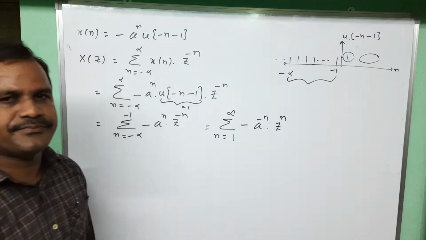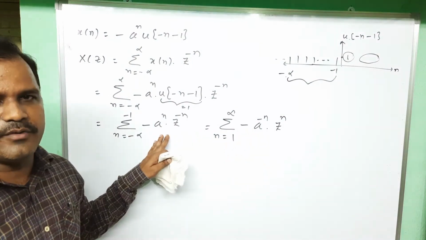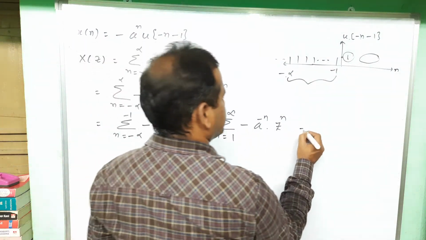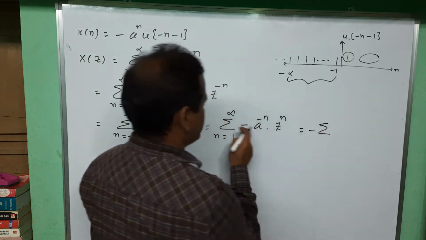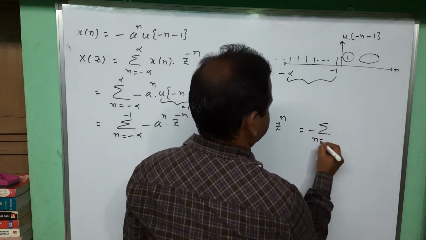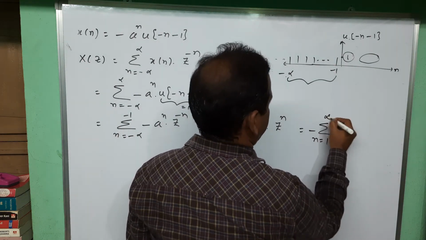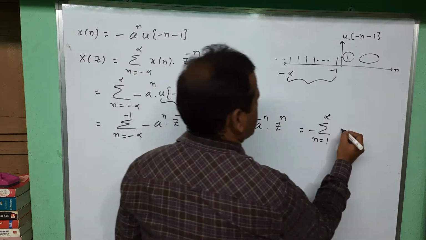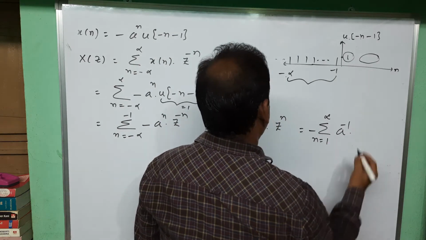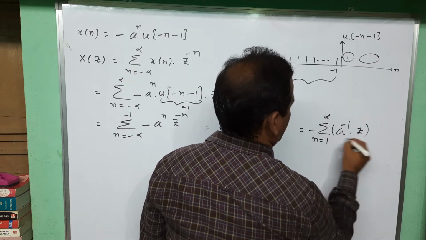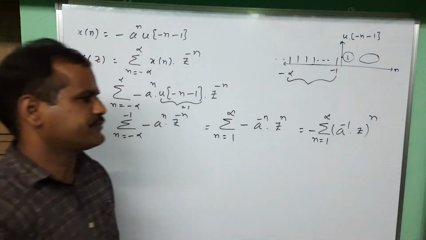Both sums are equal. This can be rewritten as minus, putting the minus outside, the sum for n from 1 to infinity of a inverse z all to the power of n.